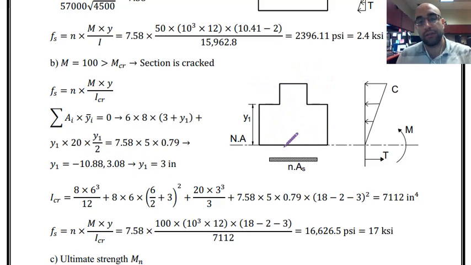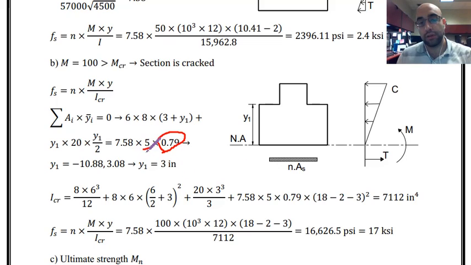The thing that we have on the other side is just the steel. So I have to calculate the transformed area, that is n multiplied by As. As is 5 number 8. If you look at the table that we had in the first chapter, the area of number 8 is equal to 0.79.